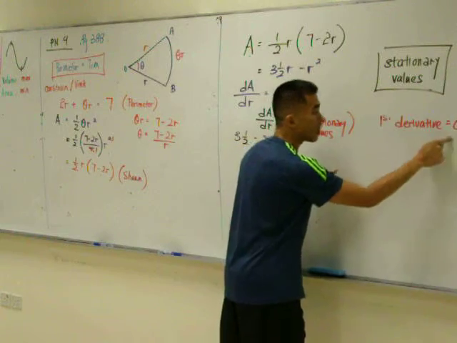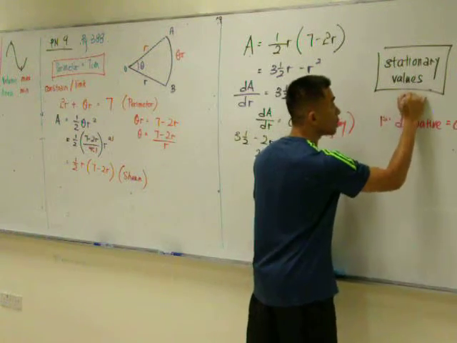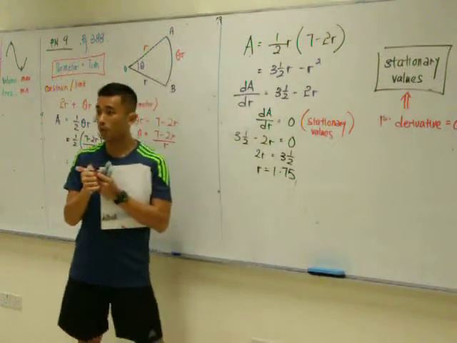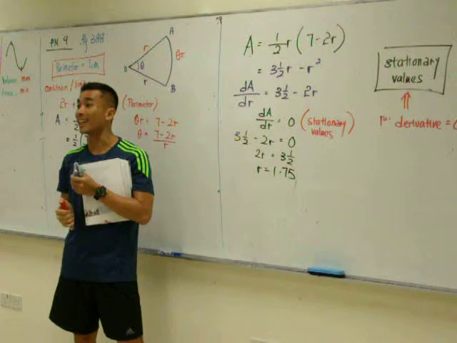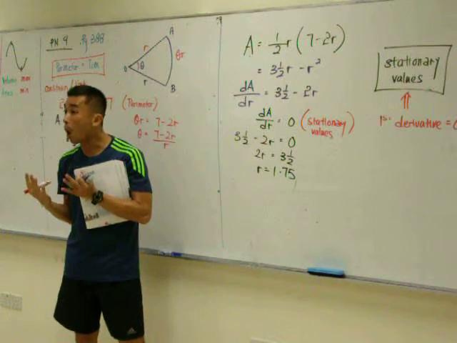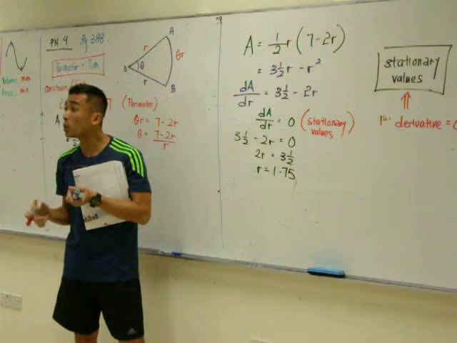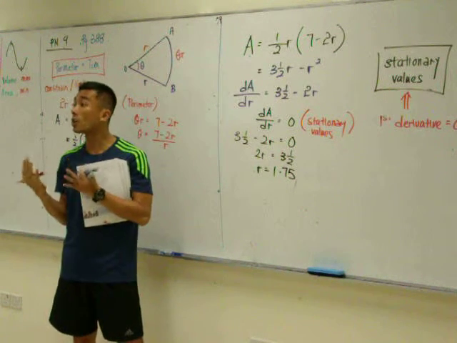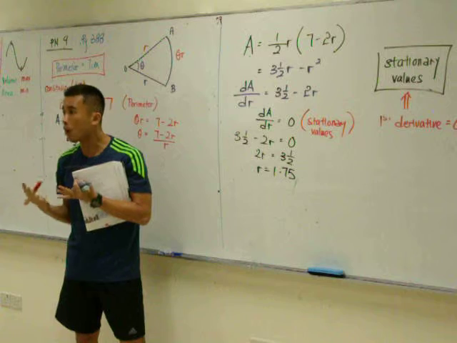The first derivative will only tell you stationary values. How do you determine whether it's a maximum or minimum? You need to use the second derivative, or if not, you can use the box method.